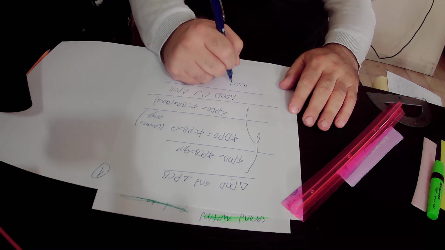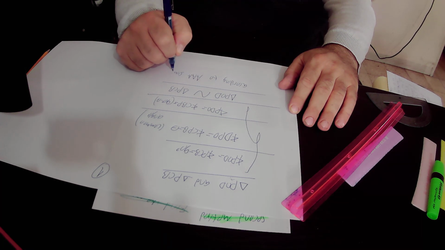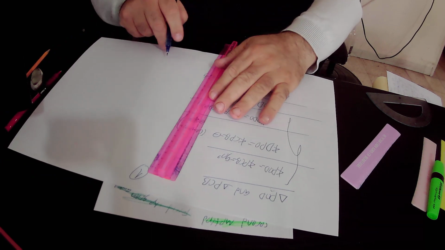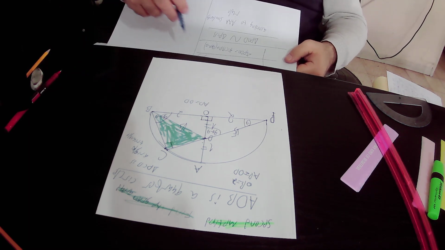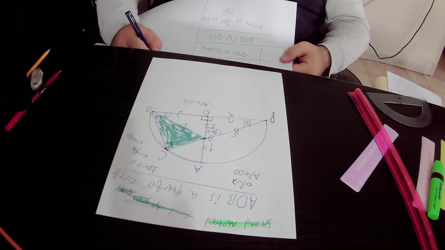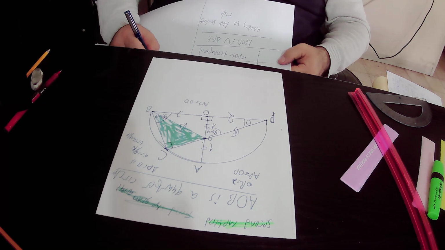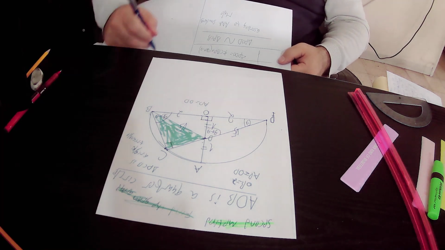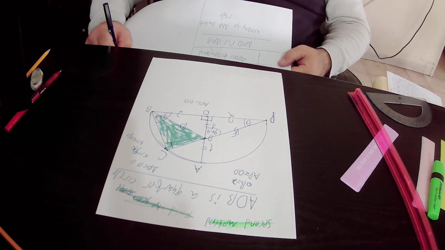according to the angle similarity rule. And from the fact that the two right triangles are similar to each other, we conclude that PD over PB equals DO over CB, and it is equal to PO over PC.